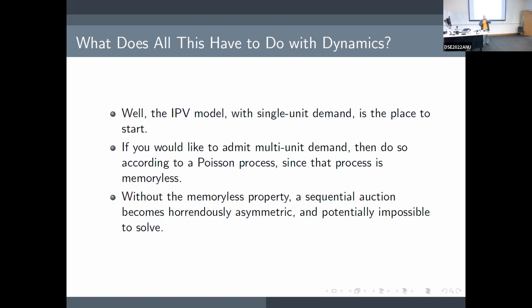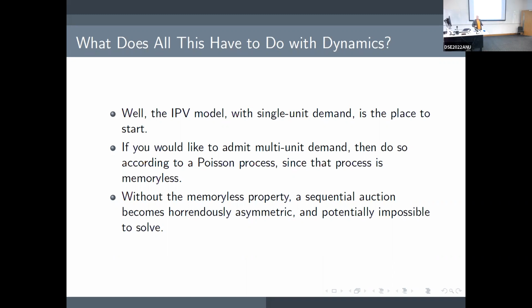Well, in the Poisson model, because of this memoryless process, if I know that John dropped out with his highest valuation, I still don't know anything about how many draws he has. So I still don't know where he is relative to me. And so what this Poisson process does is it keeps the continuation game symmetric. And that turns out to be really important computationally.